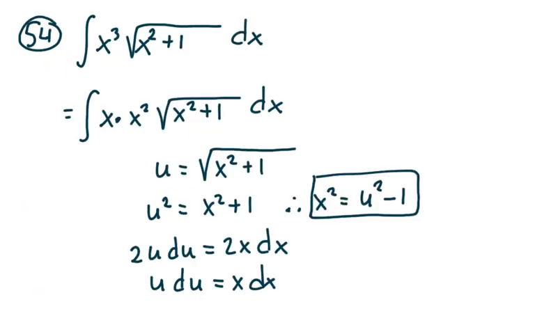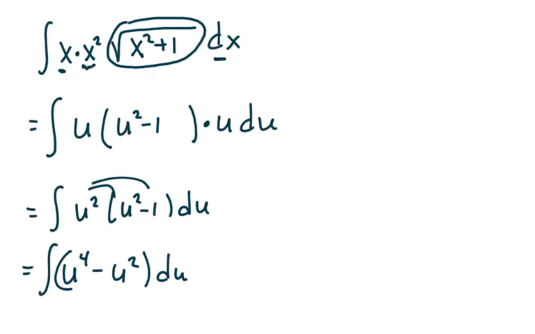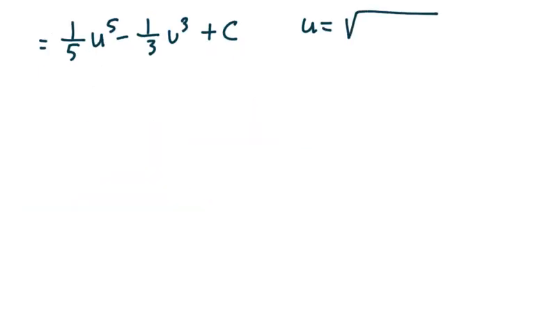So this is 1/5 u to the fifth minus 1/3 u to the third plus c. But remember that u is equal to what? The square root of x squared plus 1. So if you don't mind, I'm going to substitute that in.